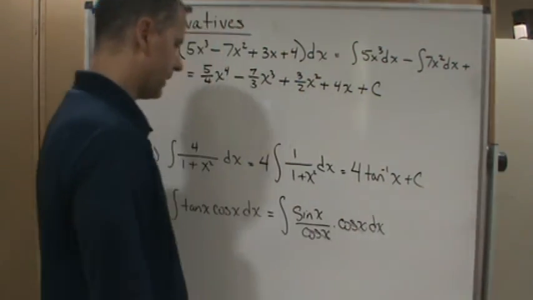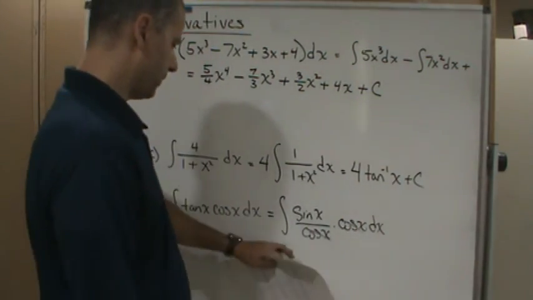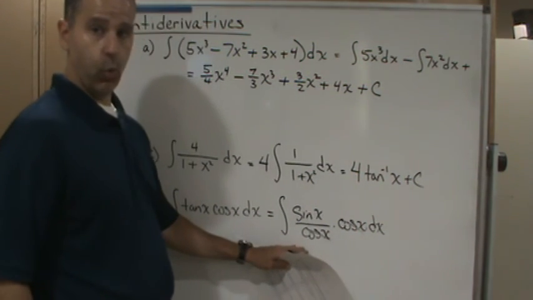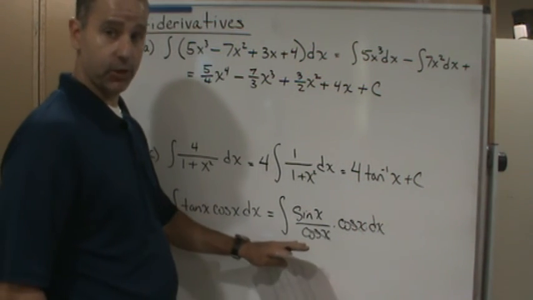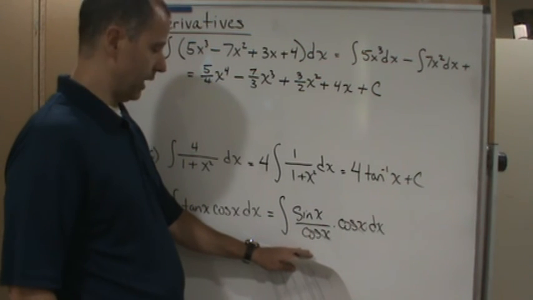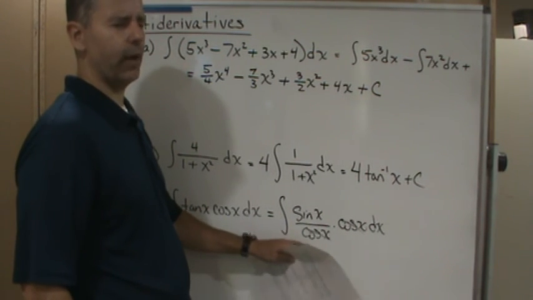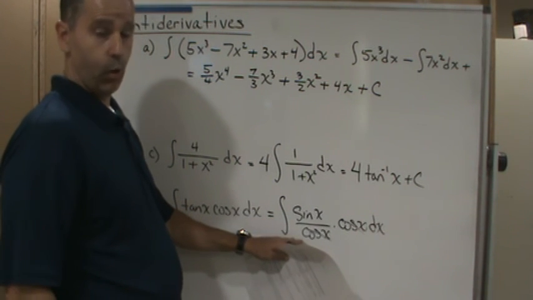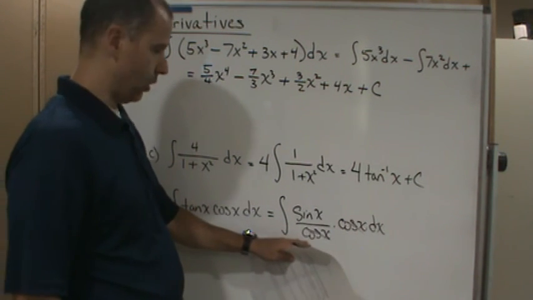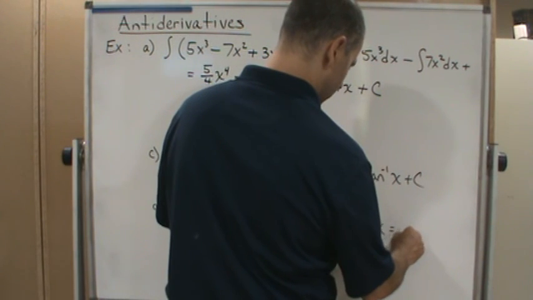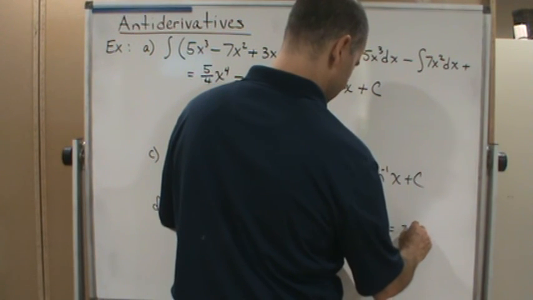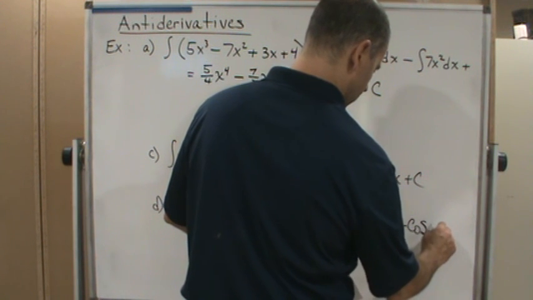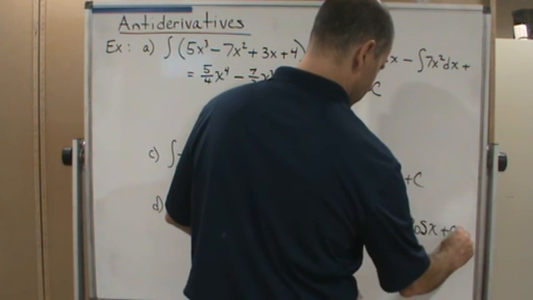The cosines cancel, and it just becomes the integral of sine x. And so the derivative of what function equals sine? Well, that's going to be negative cosine. So this is going to equal negative cosine x plus c.